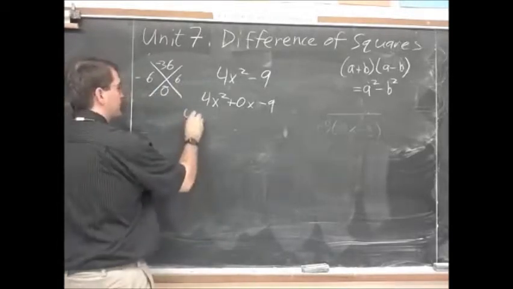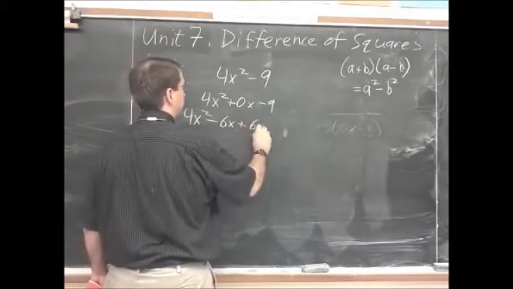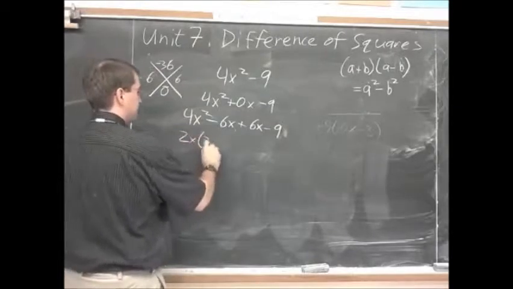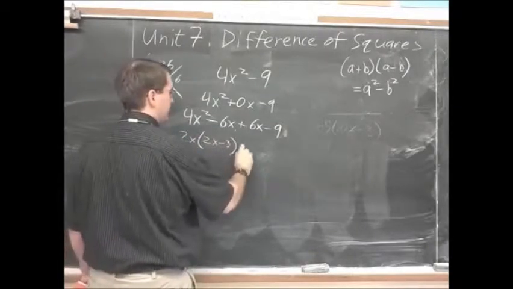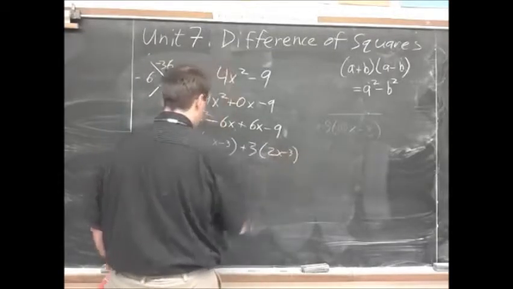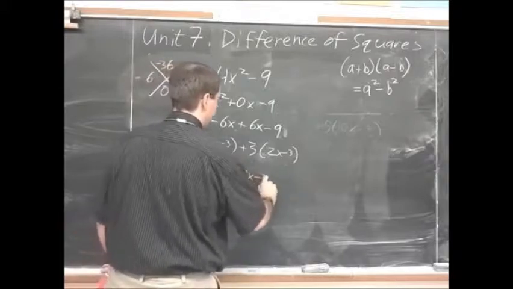And so that would work. 4x squared minus 6x plus 6x minus 9. Factoring by grouping, I take a 2x out, 2x minus 3. I can take a 3 out, 2x minus 3. And so that gives me 2x plus 3 times 2x minus 3.